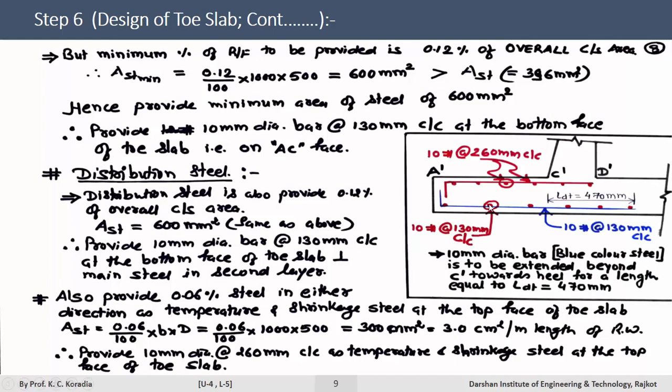This red dot is the distribution steel, 10 torr at about 140 mm center to center, in a second layer in the bottom face and perpendicular to the main reinforcement. The main reinforcement is represented by the blue line. This 10 torr red dot is perpendicular to the screen.